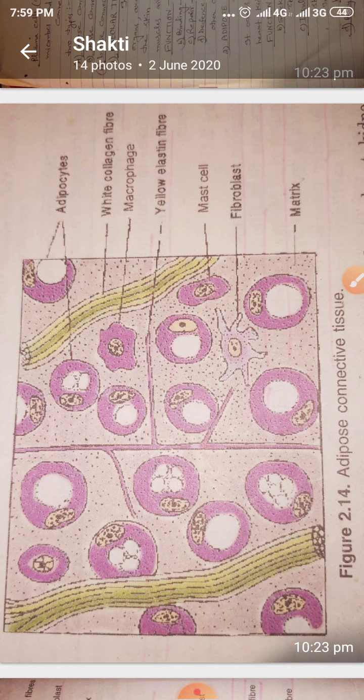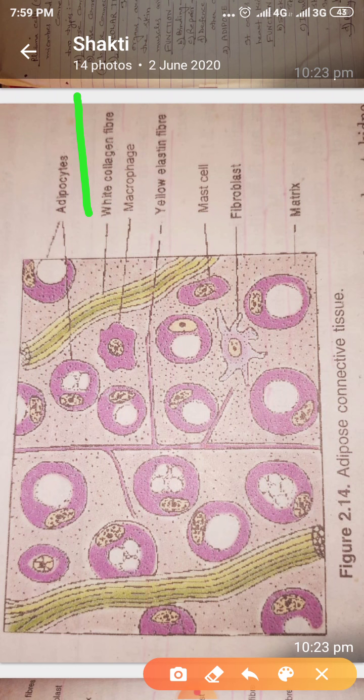Food means fats. Fats are stored in the cells, that are called adipocyte cells. That is the special cell, adipocytes, along with all the connective tissue cells.